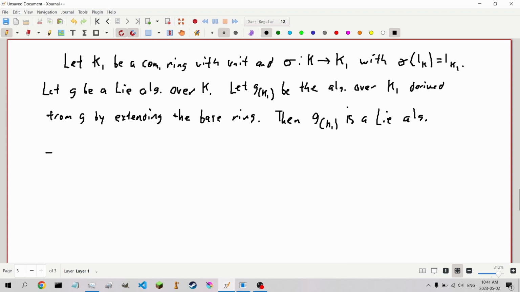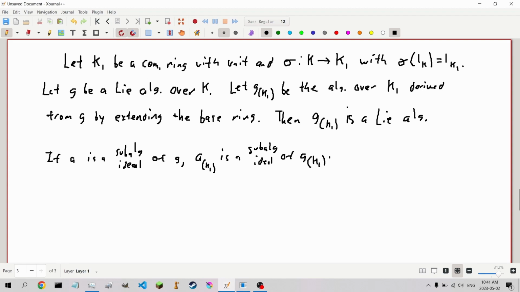Once again, if A is a subalgebra or ideal of G, then its canonical image, AK1, is a subalgebra or ideal of G extended to K1.